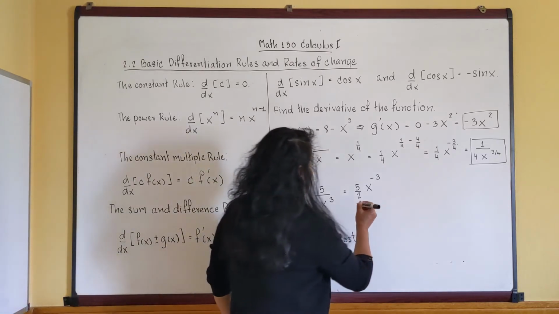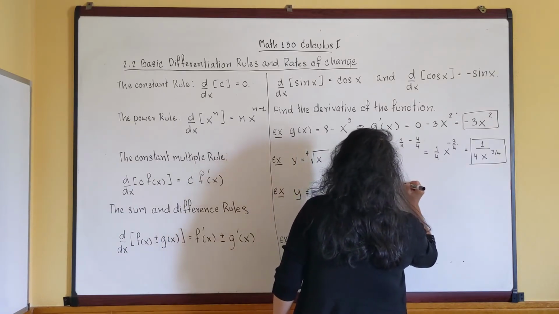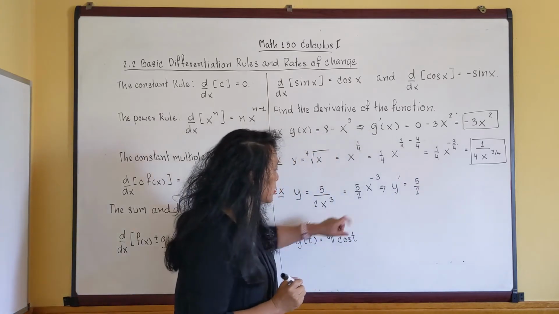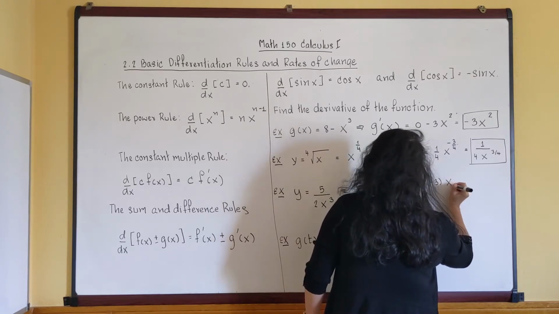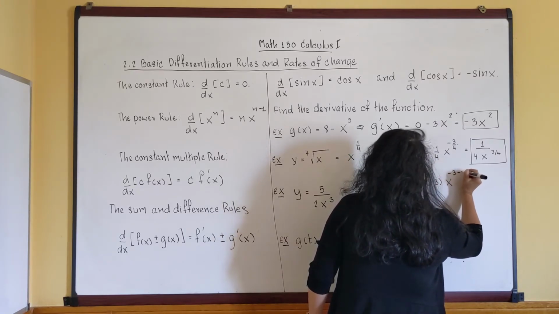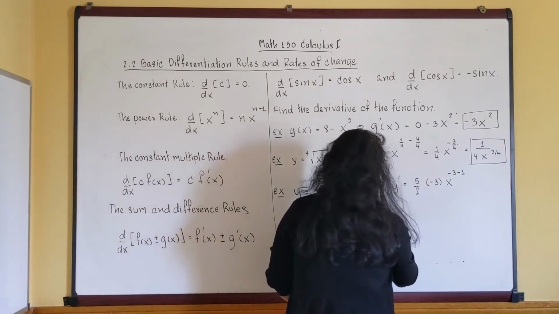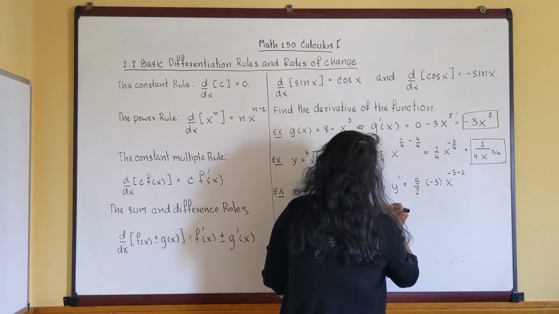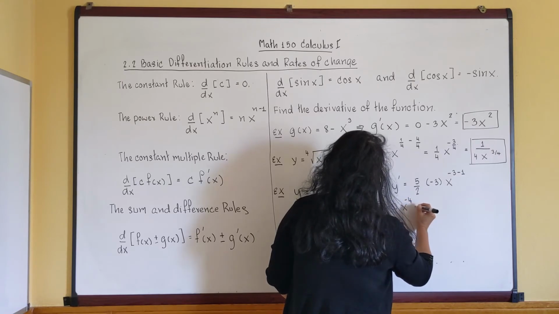So I'm using the constant rule, and then for the derivative of this, I use the power rule. Alright, so y prime would be 5/2. That's the constant. I'm going to bring down negative 3 x to the negative 3 minus 1. So that's going to be 5 over 2 times minus 3 x to the negative 4.